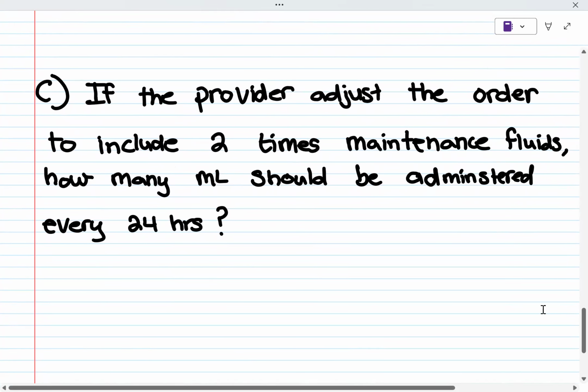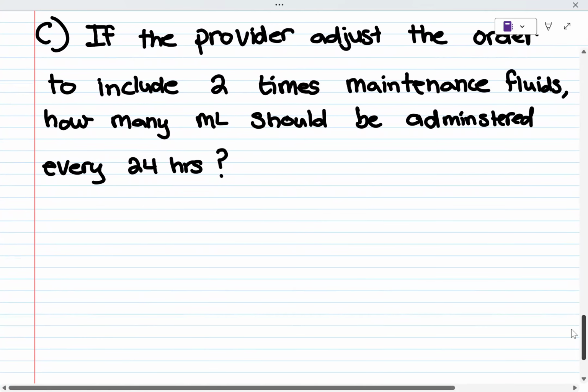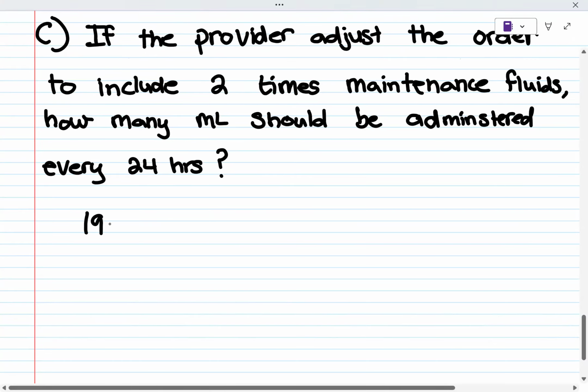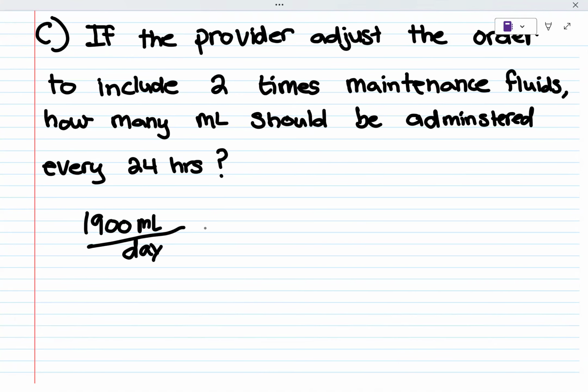So what you have to do is take the answer from part A. On part A we had 1900 milliliters per day, and then just times it by two, and you get 3,800 milliliters per day.